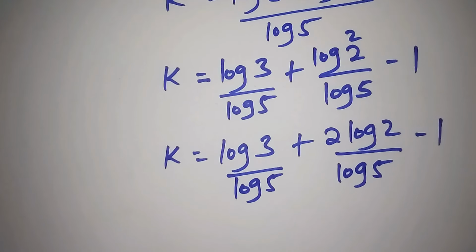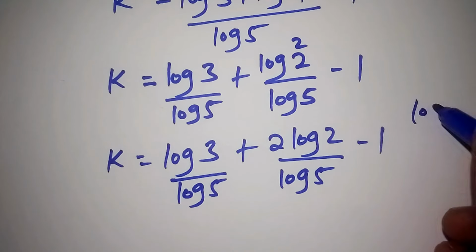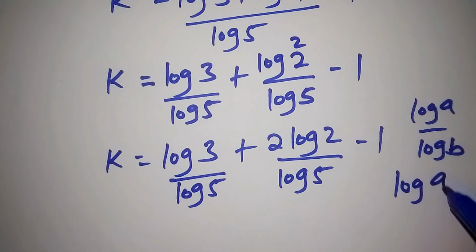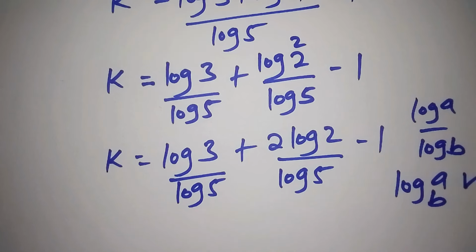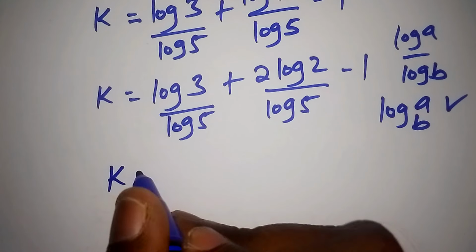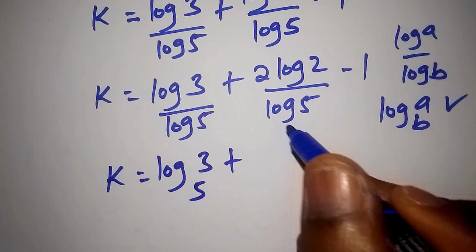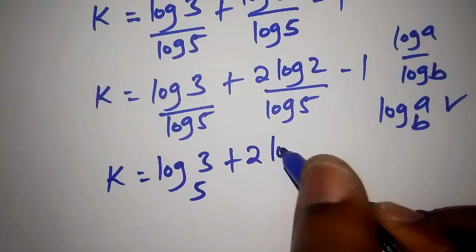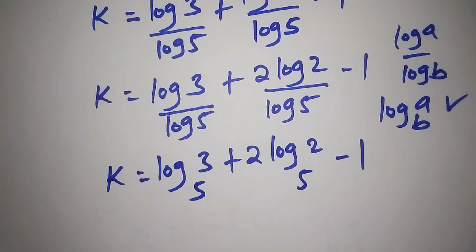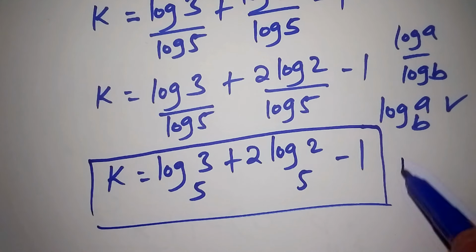Here, assuming that we have log A all over the log of B, this can also be written as the log of A to the base of B. Taking this into consideration, our final answer is k equal to the log of 3 to the base of 5, plus 2 times the log of 2 to the base of 5, minus 1. This concludes to be our final and most correct answer.